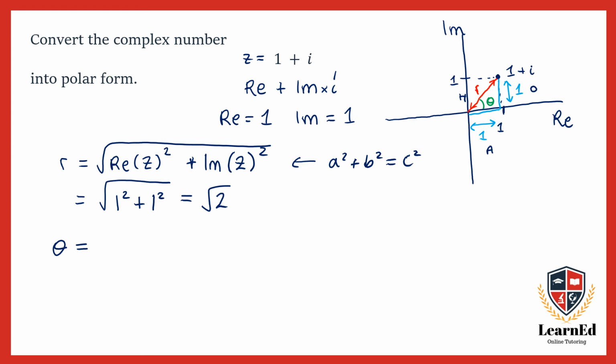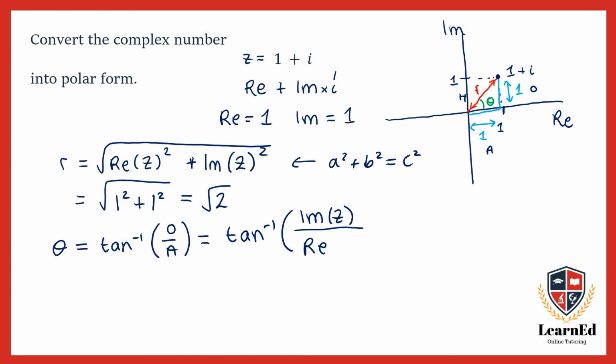Because we're finding theta, we do tan inverse of the opposite over the adjacent. In this scenario, and that's probably the one you'll want to remember, it's tan inverse of the imaginary component on the top and the real component on the bottom. That's a nice little formula you can remember.